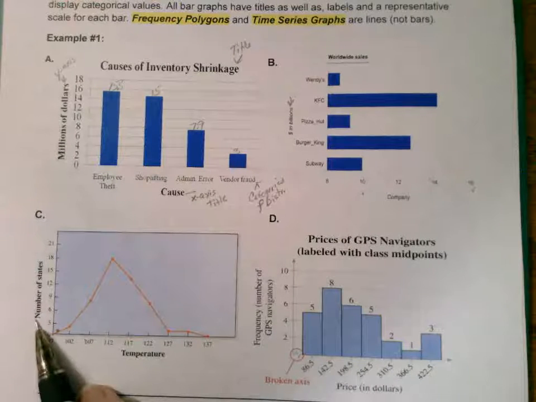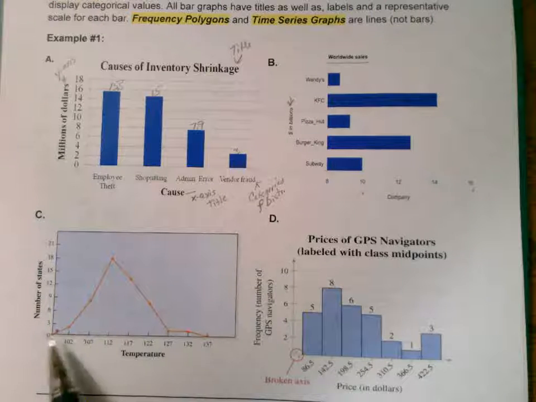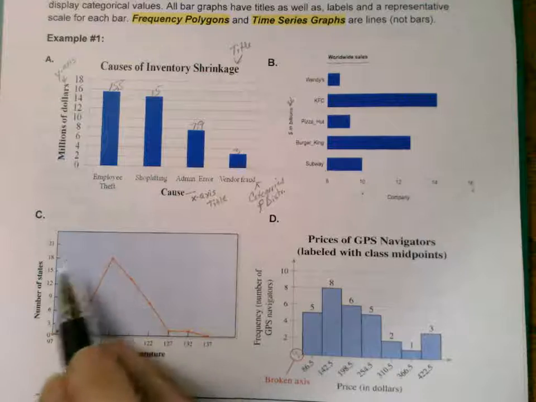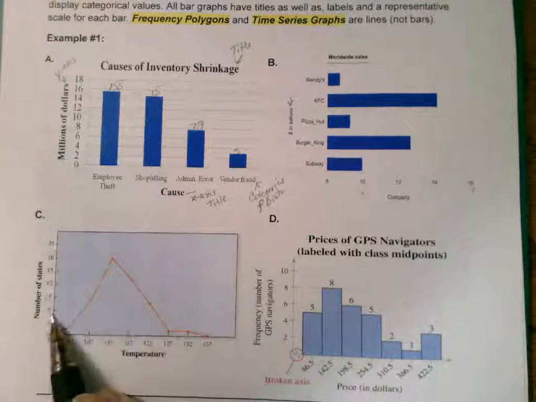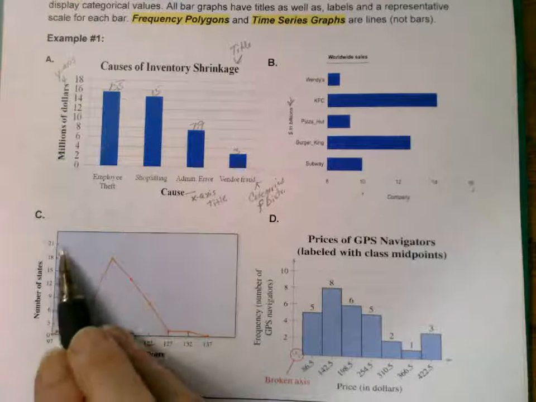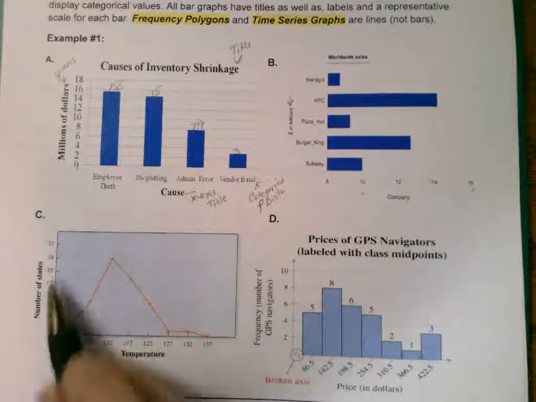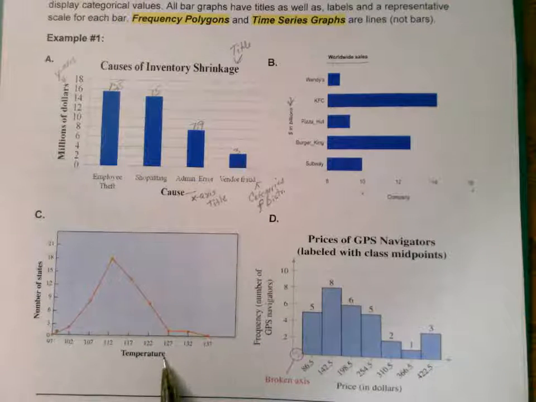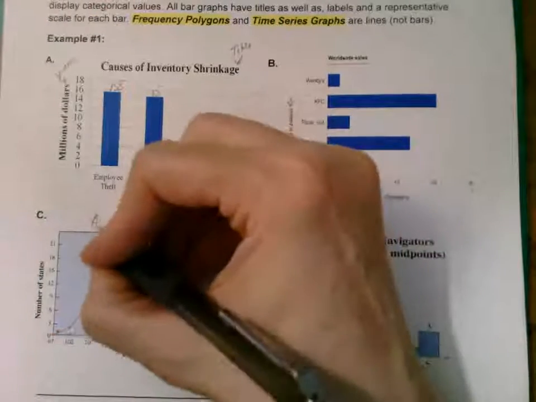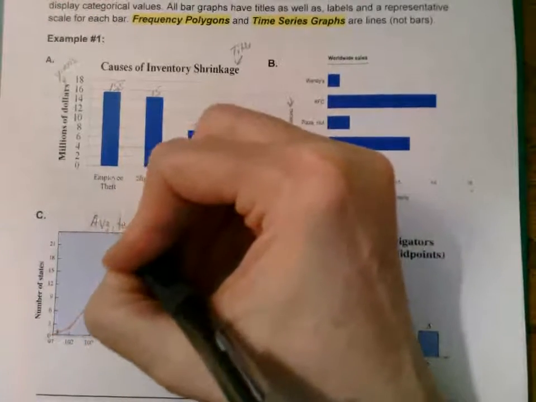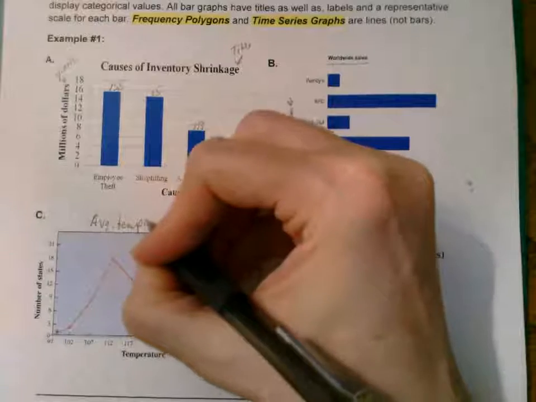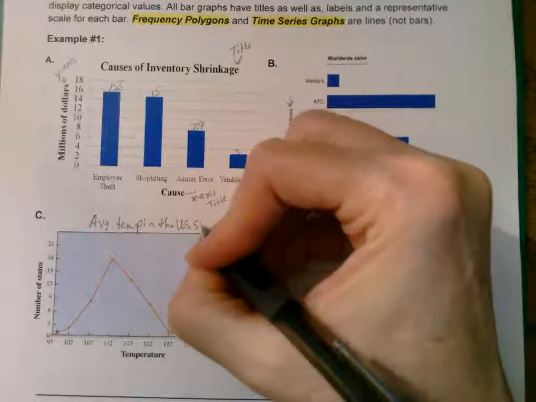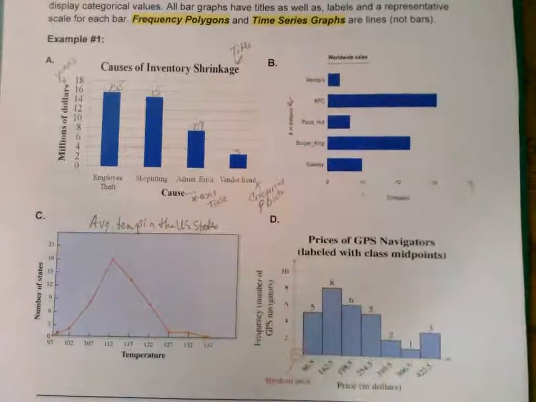It says number of states here, and because the highest value only came to here, we don't put all the states. We just stop wherever we need to make sure we're including this. So this scale goes up by 3. This says temperature. So I don't know, average temperature in the US states, maybe should be the title.